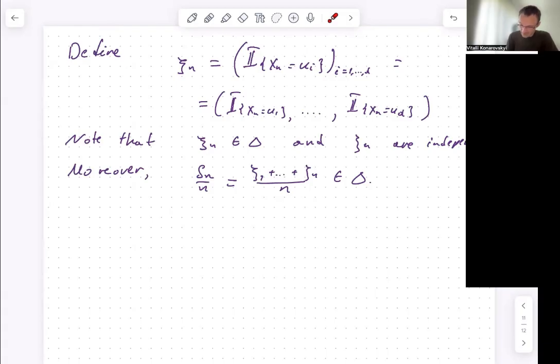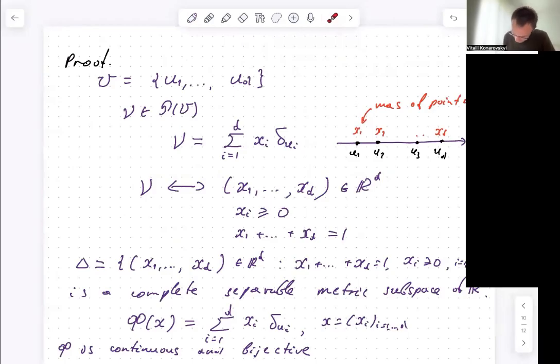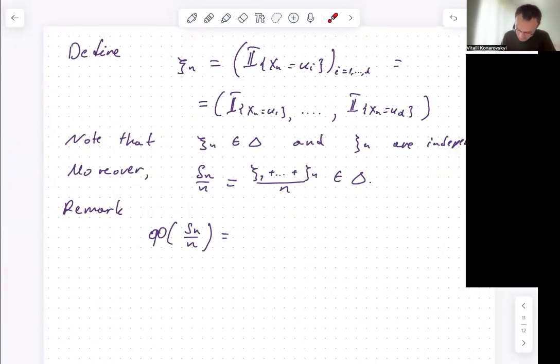Good. Then we have Sn. We have this empirical mean, and also remark that if you take phi of Sn divided by n, then what is it? Let's compute that. We defined that phi is a sum where you take masses and multiply by delta functions. Let's write that.